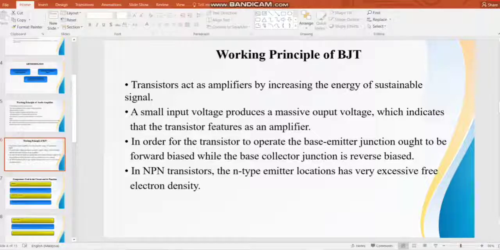In order for the transistor to operate, the base-emitter junction must be forward biased, while the base-collector junction is reverse biased. In an NPN transistor, the N-type emitter region is heavily doped, with a very high electron density.